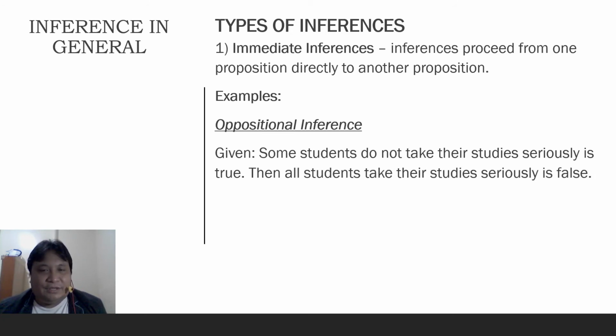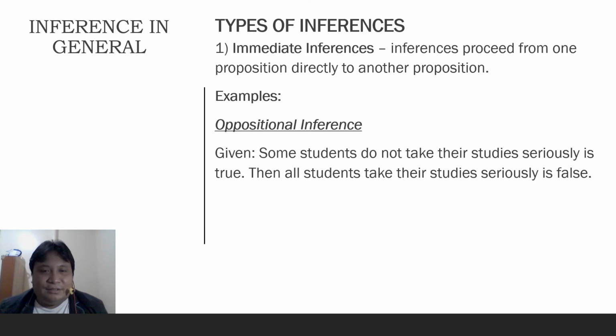This is just a given statement: Some students do not take their studies seriously is true. So if "some students do not take their studies seriously" is true, then we can infer that "all students take their studies seriously" is false.